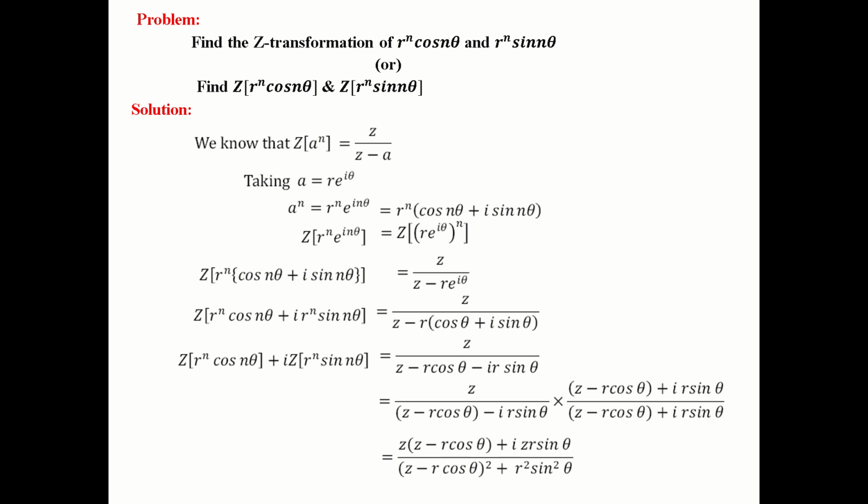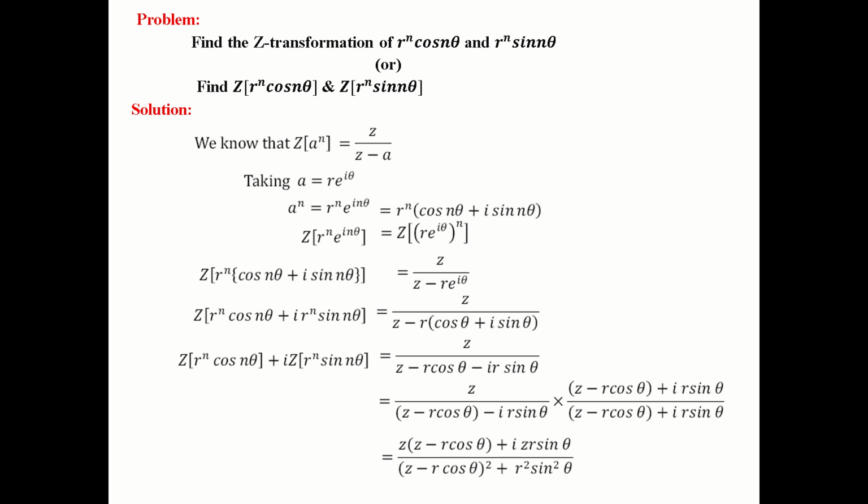That is nothing but a square minus b square. So here a is equal to z minus r cos theta, so a square is z minus r cos theta the whole square, minus b square. Here b is equal to i r sin theta, so b square, minus i r sin theta the whole square.